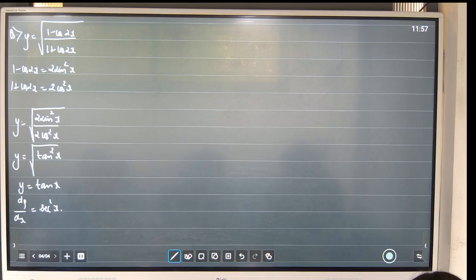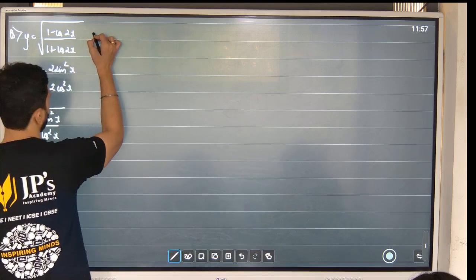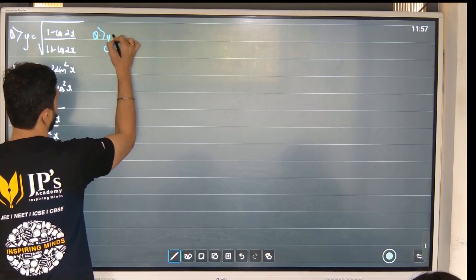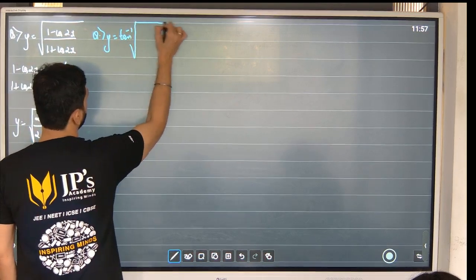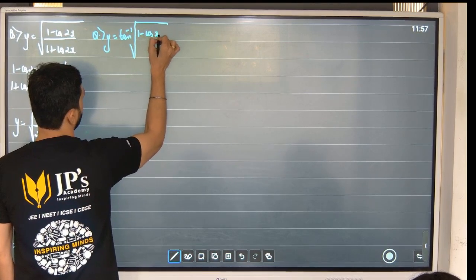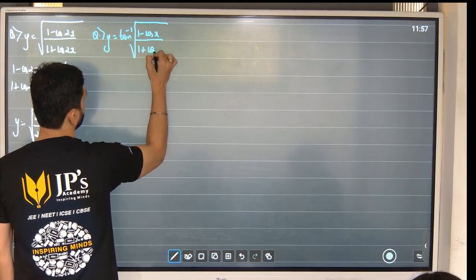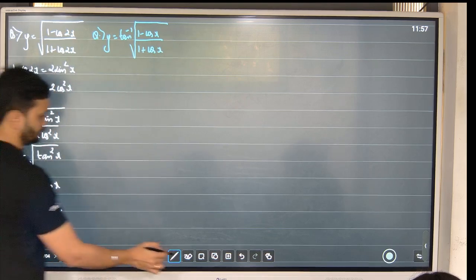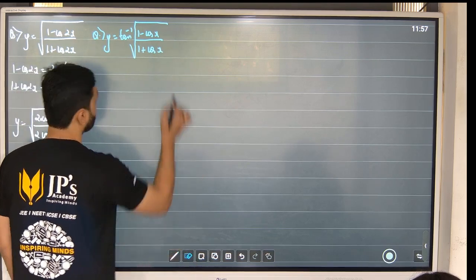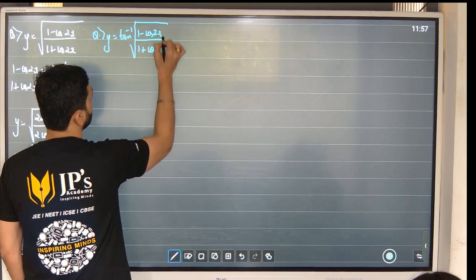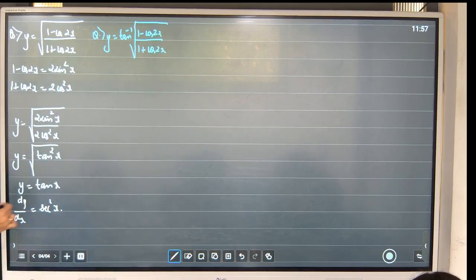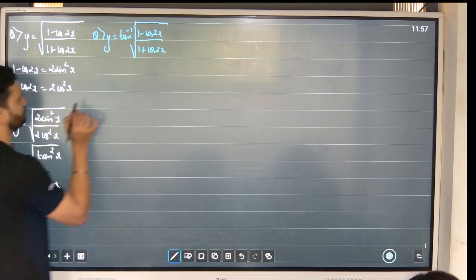But if I change the question a little bit, now how will I change? See this. Okay, pay attention. Y is equal to tan inverse of under root of 1 minus cos 2x upon 1 plus cos 2x. Okay, same question. I'm just changing the question a little bit.